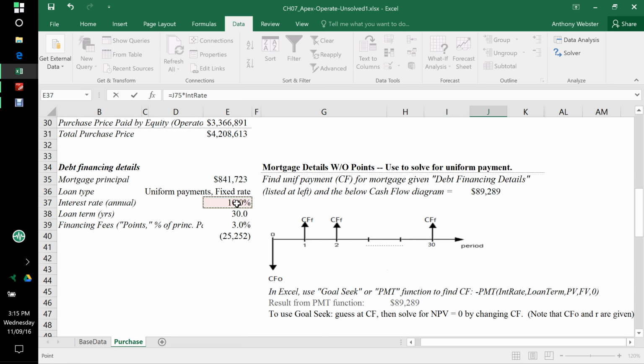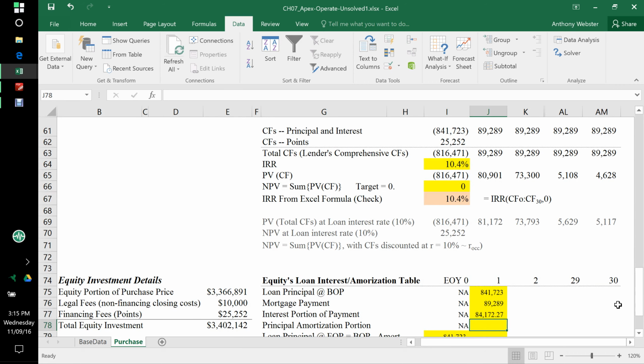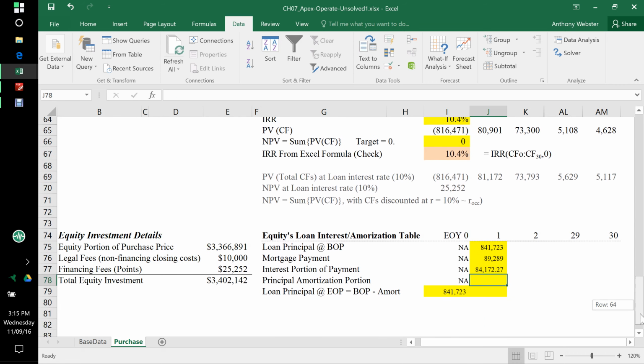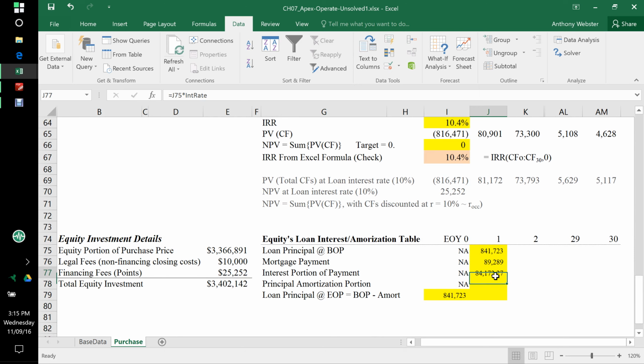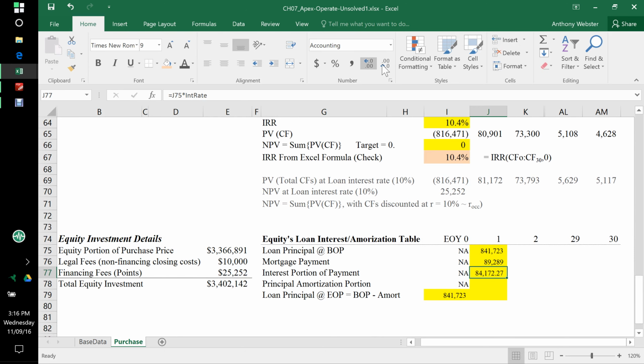And I would lock that down, except this cell already says int rate, so it's going to remain locked down. And I don't like those decimals there. I like to have the same number of decimals everywhere, and I like to have commas everywhere. It just makes it much, much easier to check that all my numbers make sense.